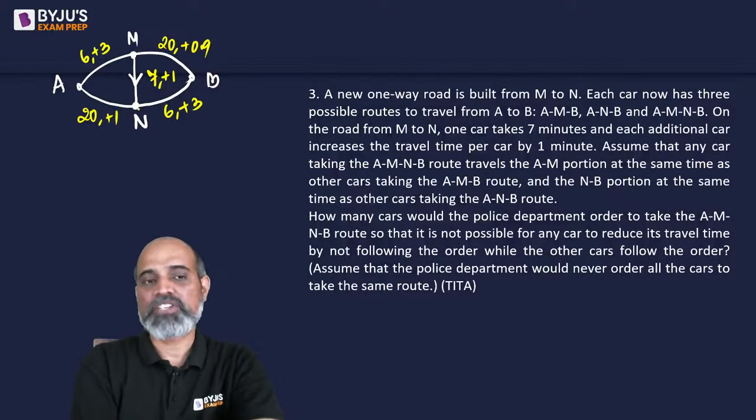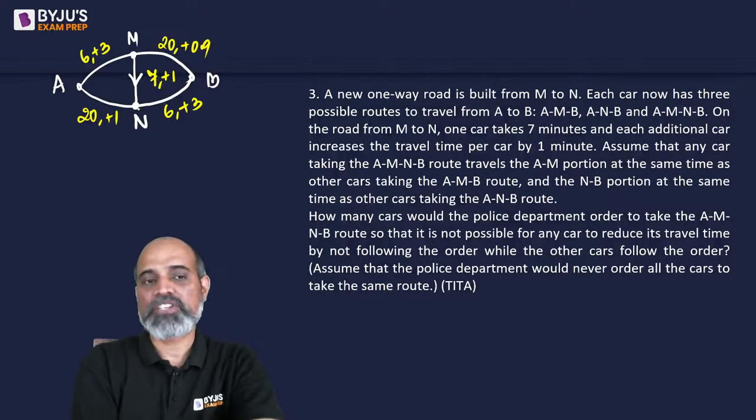The first one being, if we take the A and B route and the A and B route, they both are going to have an equal number of cars, which let's say is 0. And the cars that are going to take the route A, M, and B, they are 4 of them. As in, all the 4 cars will take the MN path. Let's see how much time they are going to take.